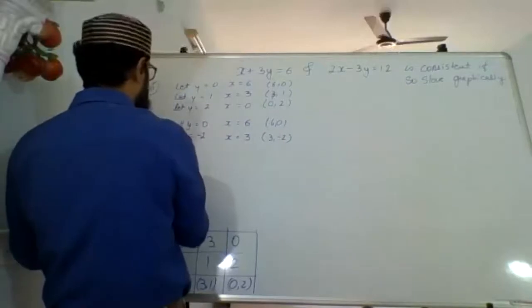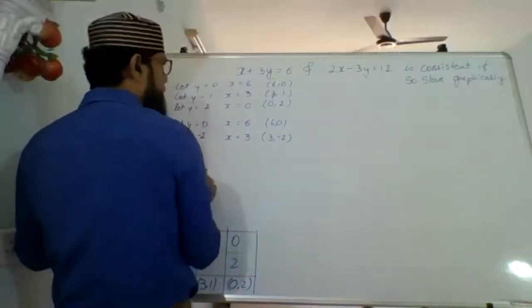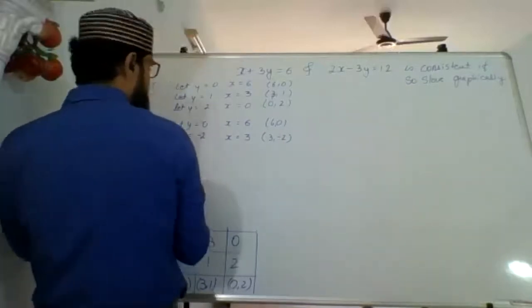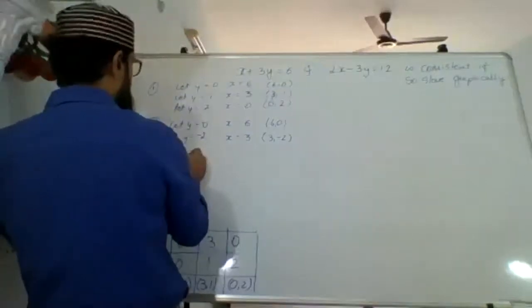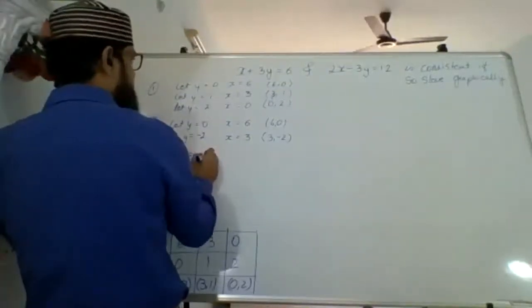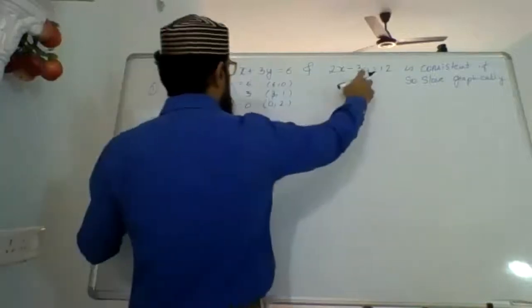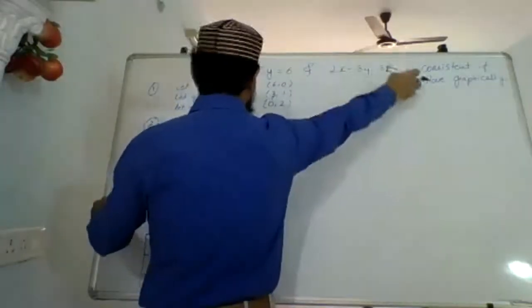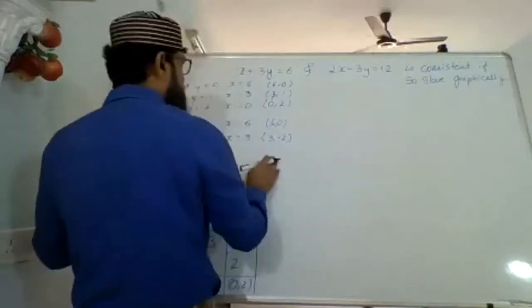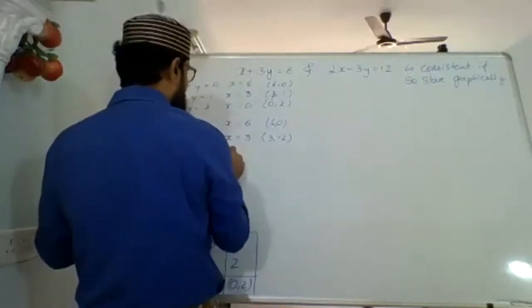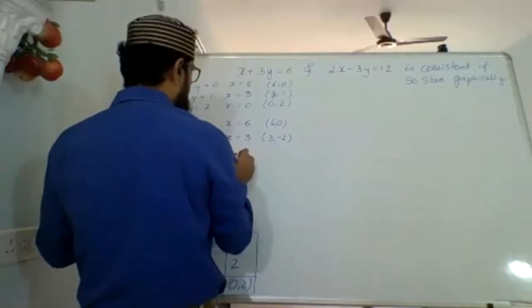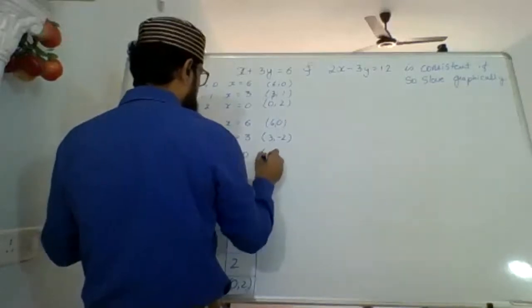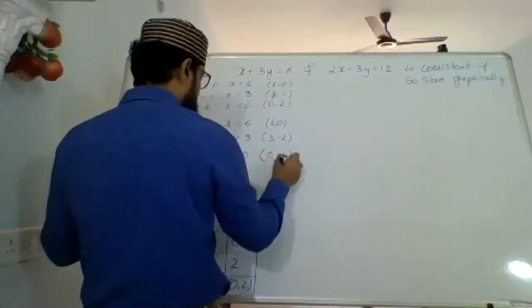And let y equal to minus 4. Minus 4 into minus 3 is plus 12. Plus 12, when it goes this side, becomes minus 12. 2x equals 12 minus 12, 2x equals 0, x equals 0. So 0 comma minus 4.